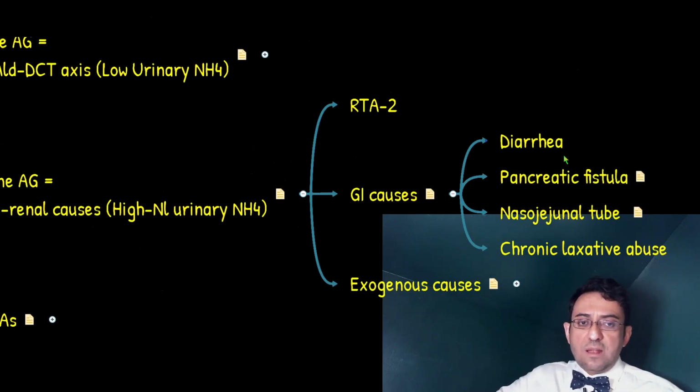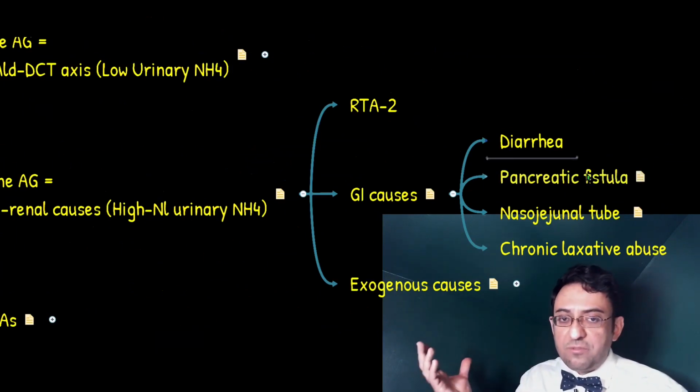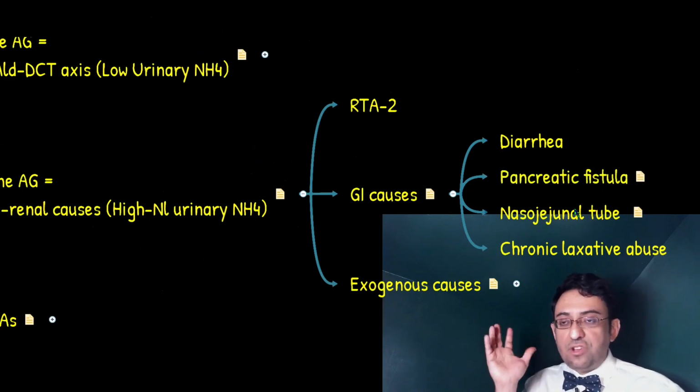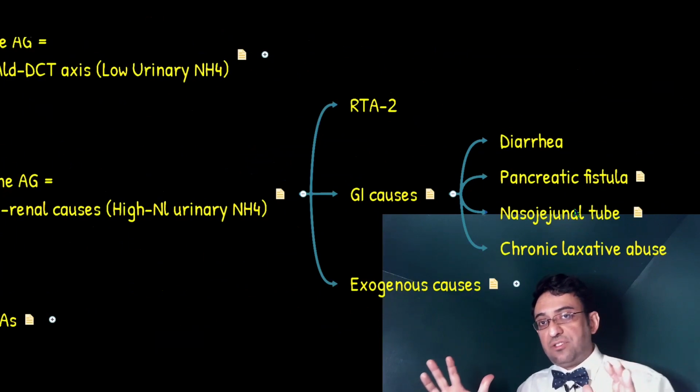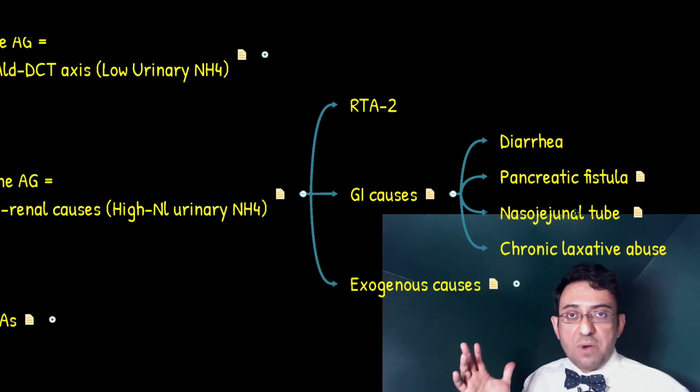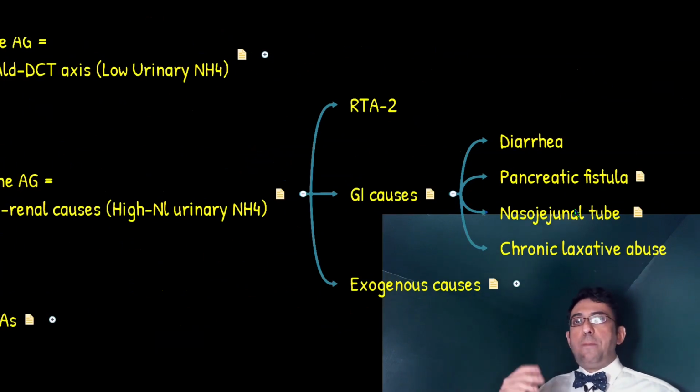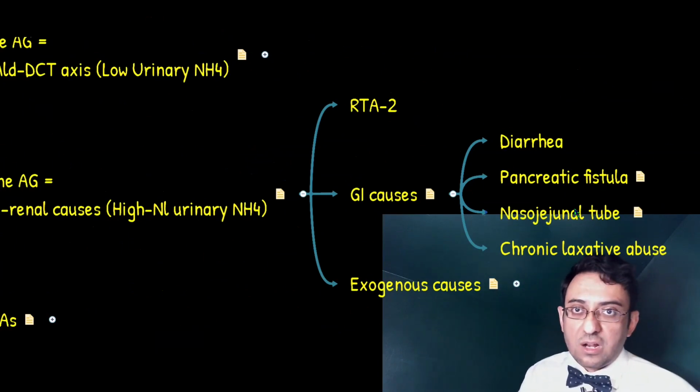Remember, diarrhea and pancreatic fistula simply mean loss of bicarbonate, right? And in general, please remember, lower GI fluid loss is associated with acidosis because it's associated with bicarbonate loss, while upper GI fluid loss, that is proximal to the ligament of Treitz, such as vomiting, is associated with loss of hydrochloric acid and therefore metabolic alkalosis.